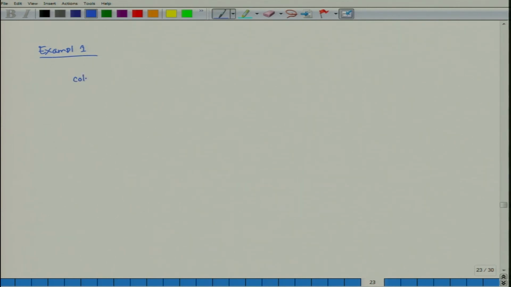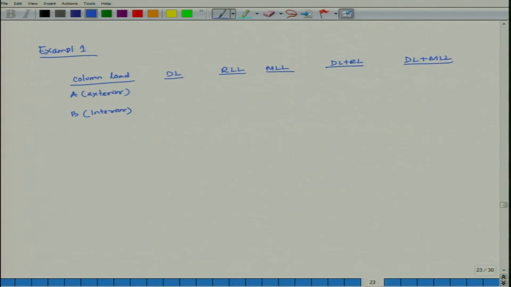First is the column load: dead load, reduced live load, maximum live load, then dead load plus reduced live load, then dead load plus maximum live load. Column A is your exterior, B is your interior.